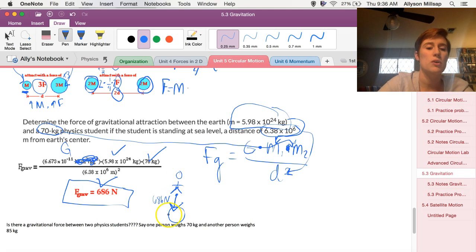The Earth is pulling on the person with 686 newtons. But I also want you to show the opposite. If the Earth is pulling on the person, the person is also pulling on the Earth with the exact same amount, right? We should have that memorized. Every force has an equal opposite force.